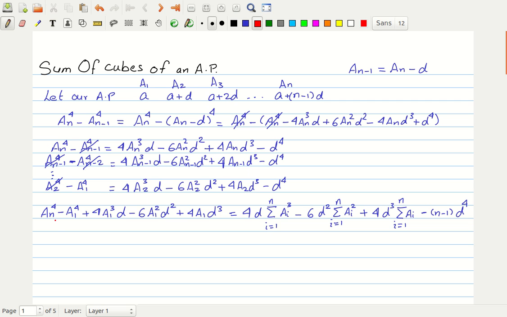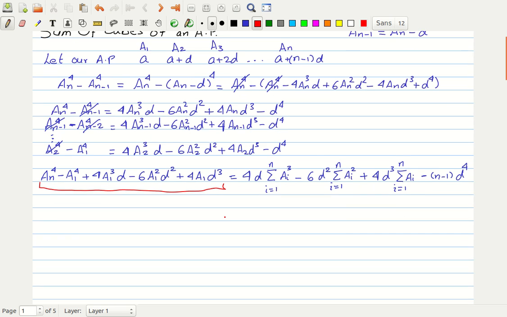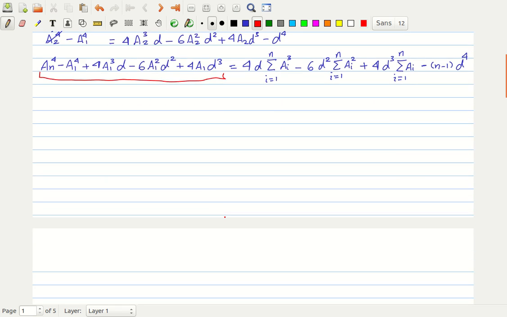Okay, so let us start by looking at first the right hand side. Okay, sorry, the left hand side. We are only talking about this expression over here. Let us simplify this. We know what an is, right? So we know what this term is. This term, an, is a plus n minus 1 d to the power 4.